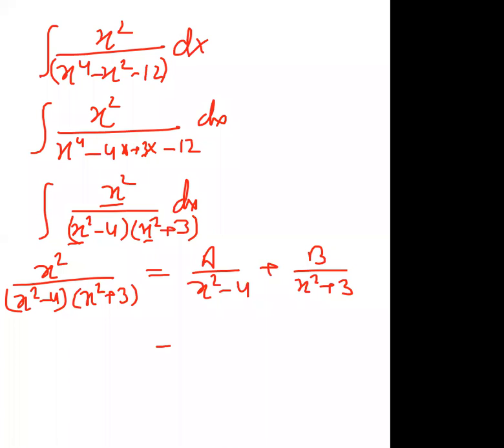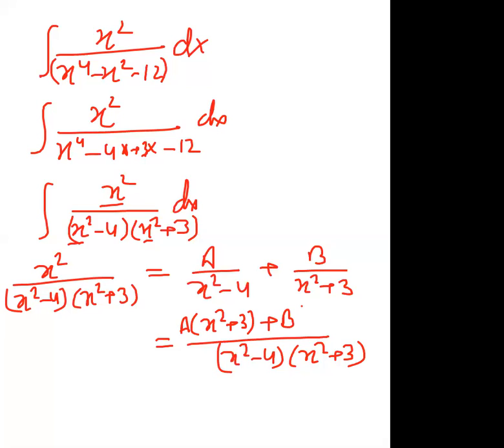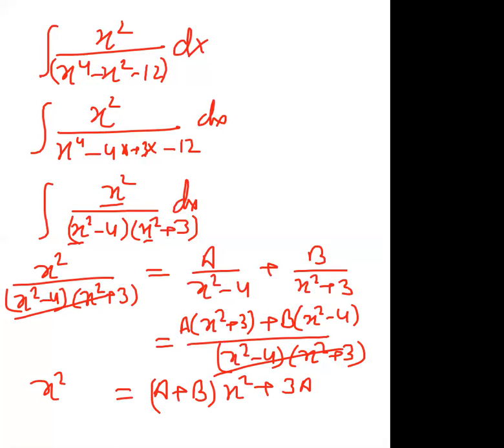So taking LCM, it will be x square minus 4 times x square plus 3, and the numerator is a times x square plus 3 plus b times x square minus 4. Denominator gets cancelled with denominator. x square equals a plus b times x square plus 3a minus 4b.